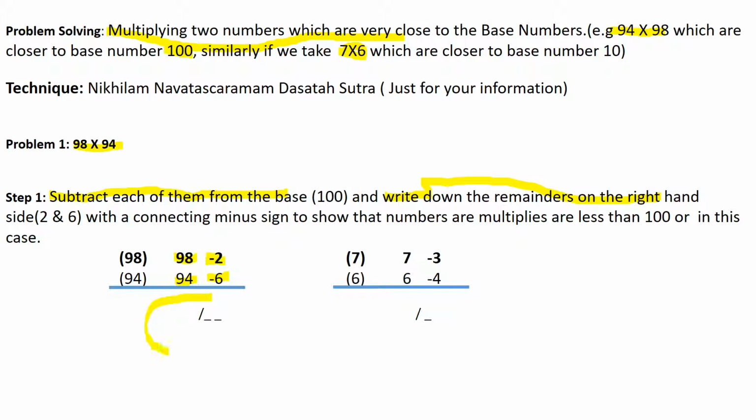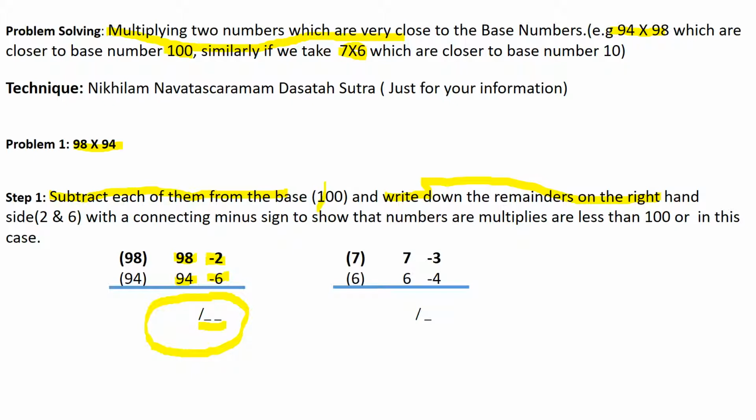Even if you look at the solution part, you can see I have split it into a left hand part and a right hand part, where on the right hand side I have given only 2 digits. To the right hand side we can allow only 2 digits, because the base number 100 has 2 zeros.